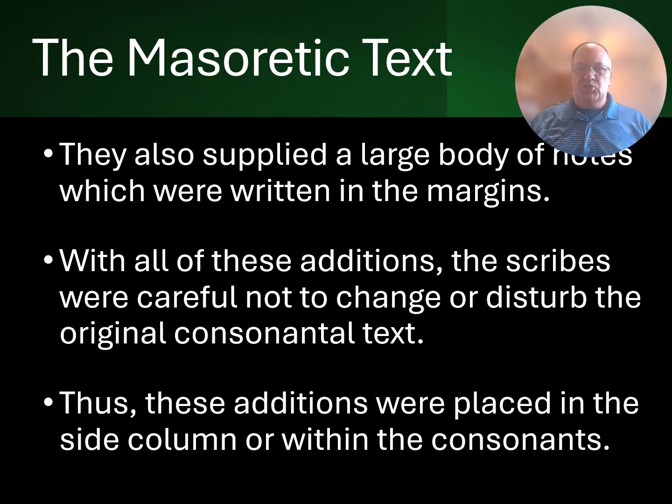So these additions were placed in the side column and sometimes within the consonants themselves. And so we're going to talk about the way ancient Hebrew was written, and then how it came to be written, again, to help the reading of the text.